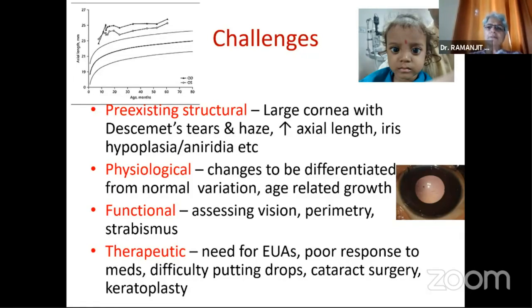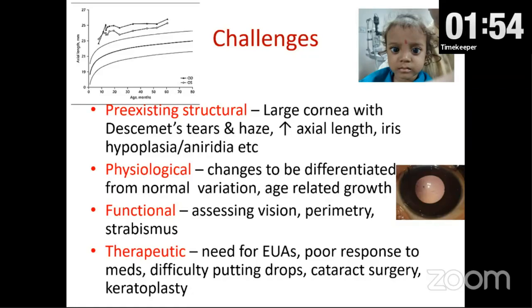We also have to be aware that children actually grow with time, not only as far as their body is concerned, but as far as the eye is concerned. And these age-related changes have to be differentiated from the IOP-related changes.